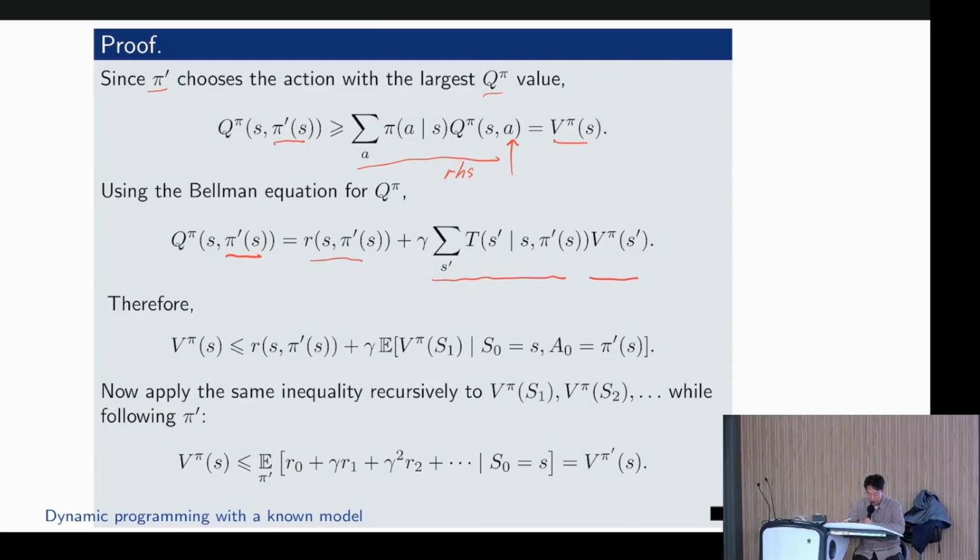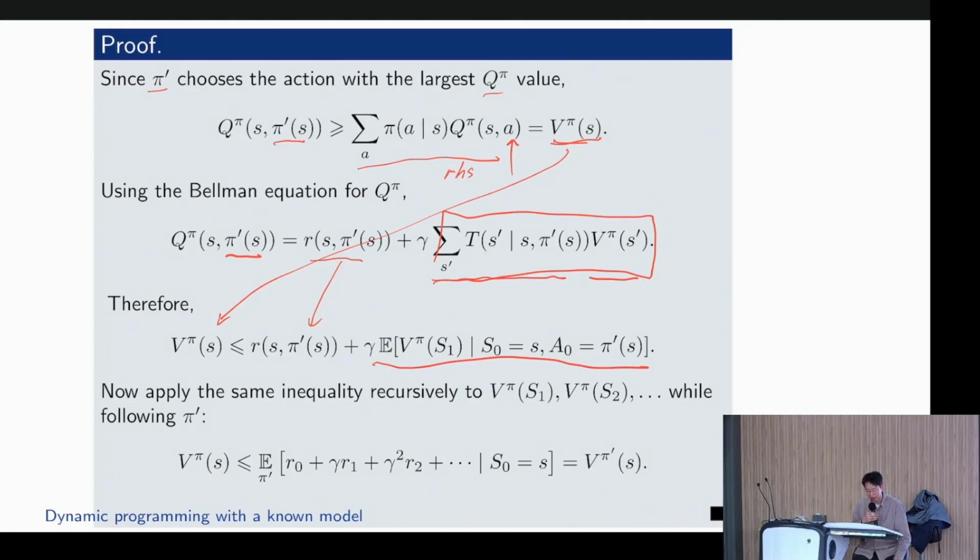So from the equation above, V pi of S is upper bounded by the immediate reward plus discount times, I'm going to rewrite the expression as follows.